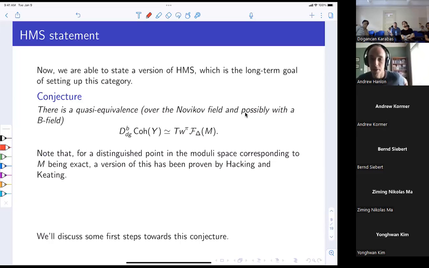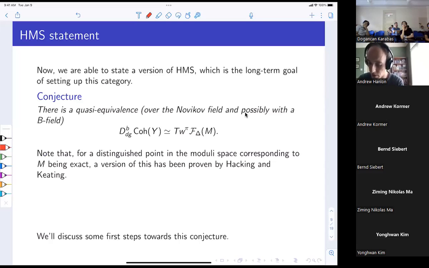If I've been more careful, as Baron pointed out, about matching up the moduli, and I've added a B field, then the Fukaya category, this monomially admissible Fukaya category, F delta M, is quasi-equivalent to sheaves on Y. And as Umit already pointed out, for the distinguished point in the moduli space, where M is exact, a version of this statement has already been proven by Hacking Keating, and one could hope to relate.